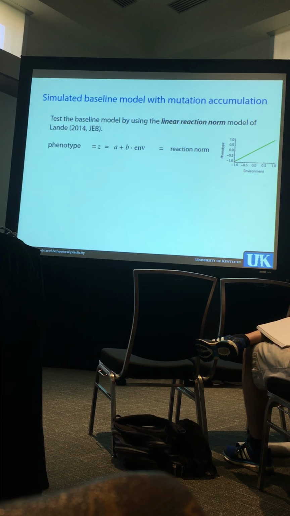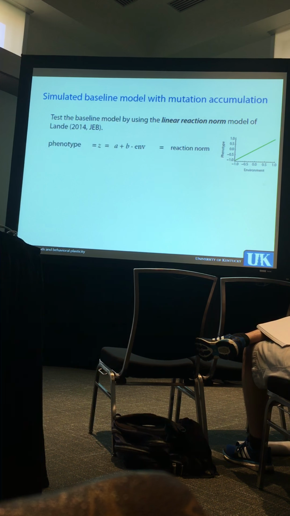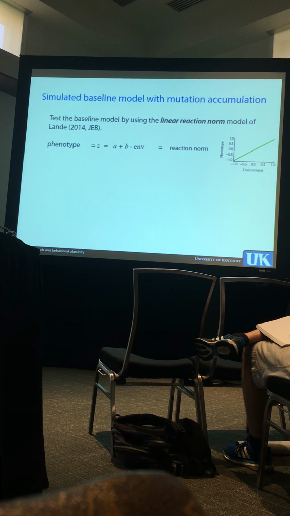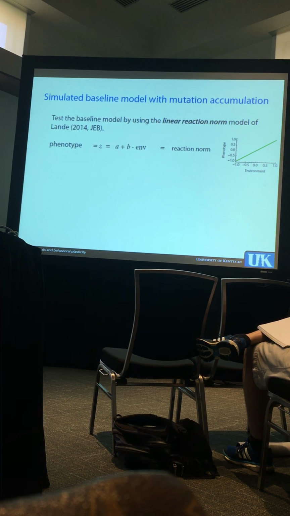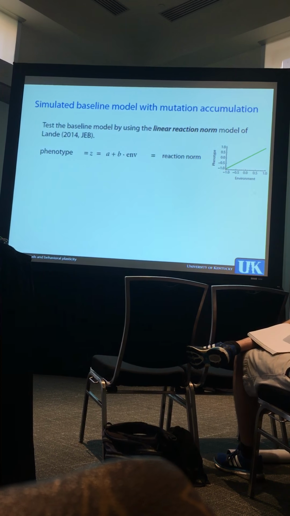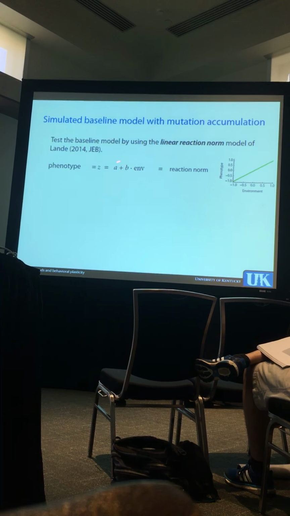We'll do this by borrowing a model from Russ Lande from a recent paper in the Journal of Evolutionary Biology, where he looked at phenotypic plasticity using a linear reaction norm. This just means that the phenotype is a straight line function of the environment. The environment is multiplied by some slope that has a genetic basis, plus some intercept that has a genetic basis.